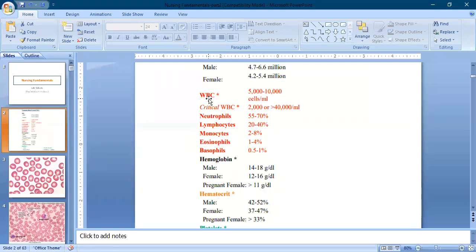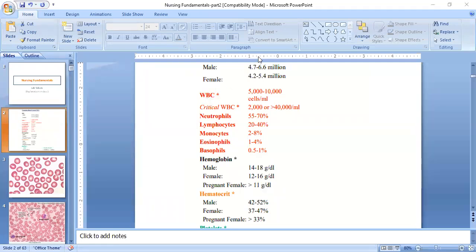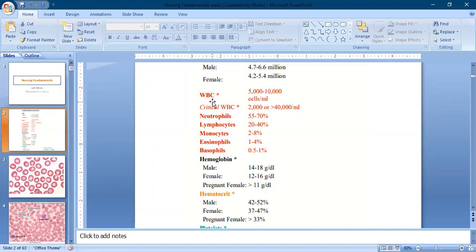Leuko means white cell. There are several types of white blood cell like neutrophil, lymphocyte, monocyte, eosinophil, and basophil. They are types of white blood cell.